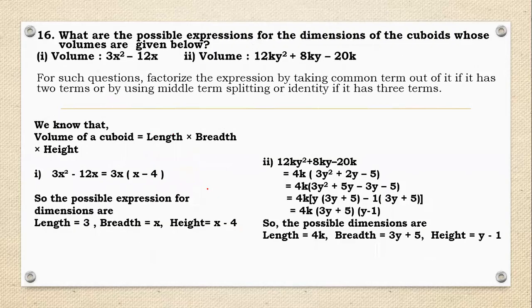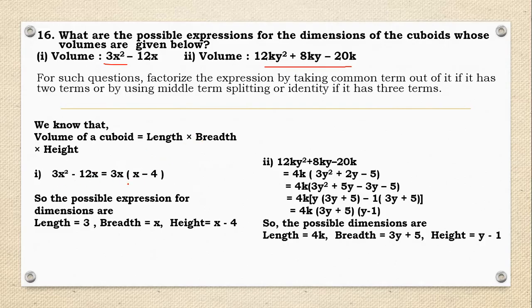Now next we have question number 16 here. Again, we are supposed to write the possible expressions for the dimensions of the cuboids whose volumes are given below. Below we have two parts, first and second, and the volumes are already given. We know that the dimensions of the cuboid are length, breadth, and height.